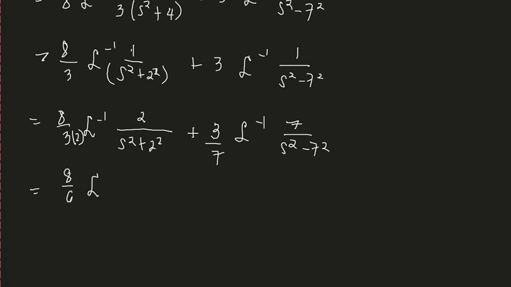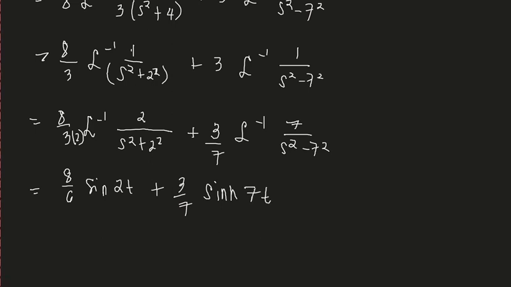Then, I have the inverse Laplace transforms, automatic na lang. Answer na natin. This one is equal to, since plus siya, automatic, this is your sine. Then, ang ato nga a value is 2, so this is equal to 2t plus, so ato nga constant is 3 all over 7, and we have, so minus, so this is equal to hyperbolic sine of your a, which is 7, and we have t.